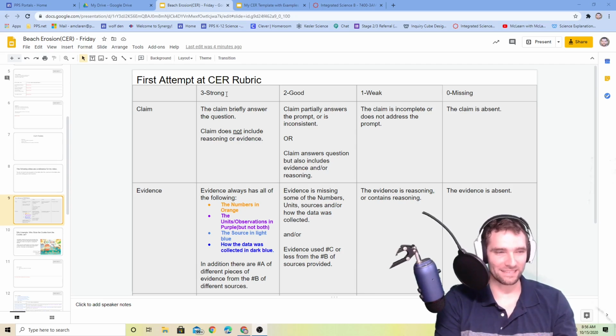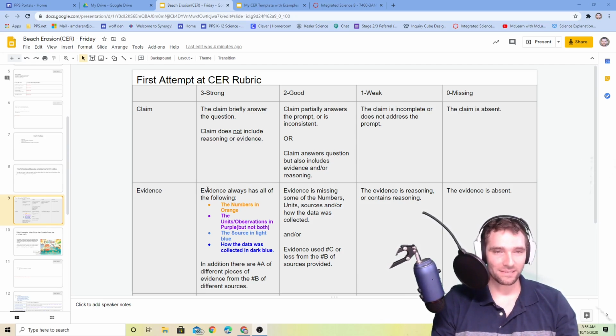They'll be inconsistent. They'll say it's this case, and then they'll say it's actually not. So make sure you're being consistent in your claim, and that it's actually answering the question. I've had other people write a claim that's similar to the question, but it's not quite the question. So if you're not sure, double check that. Claim's pretty easy though. Most people have that in the strong category pretty quick.